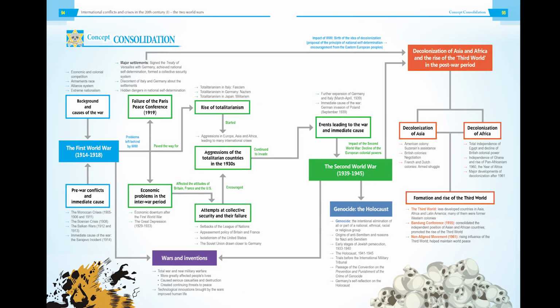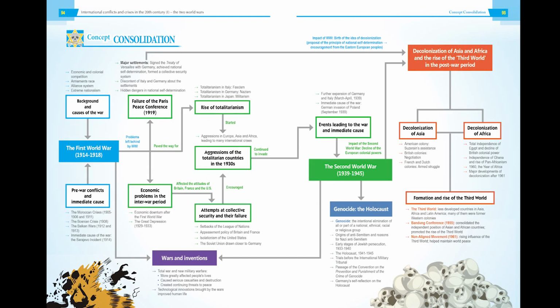Concept consolidation. The First World War, 1914-1918. Background and causes of the war. Economic and colonial competition. Armaments race. Alliance system. Extreme nationalism. Pre-war conflicts and immediate cause.